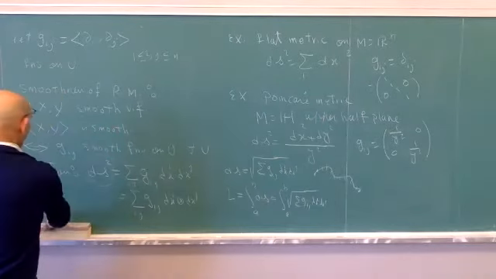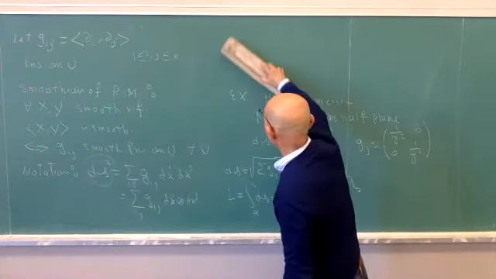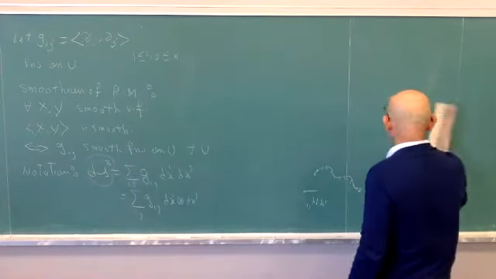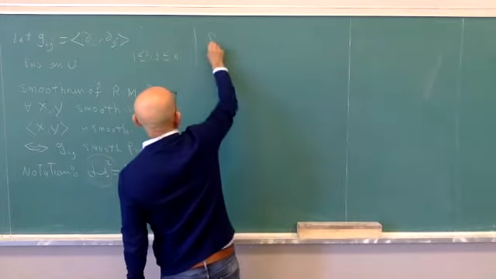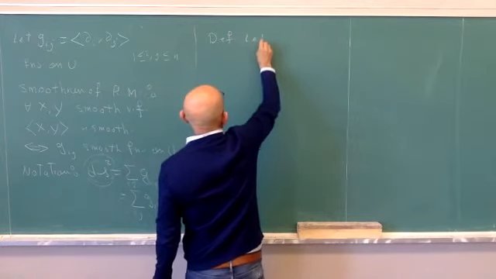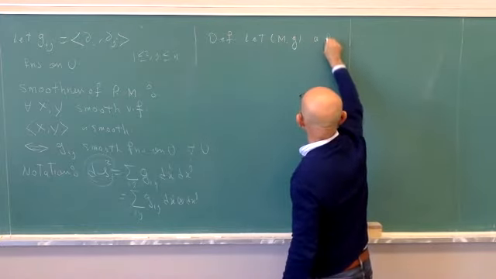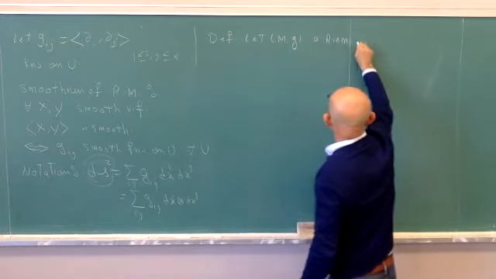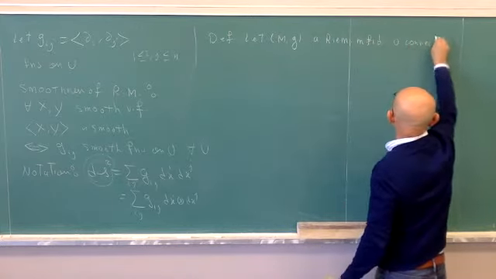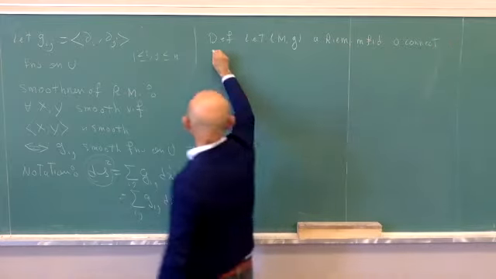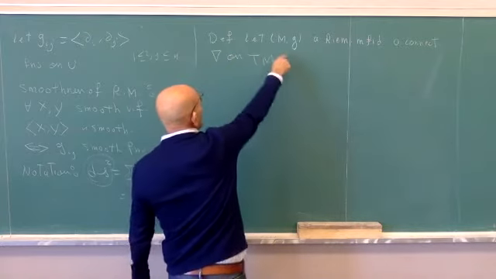So now, I need several concepts today for the review. Another one is compatibility. Definition: let (M, g) be a Riemannian manifold. A connection nabla on TM is called compatible with g.